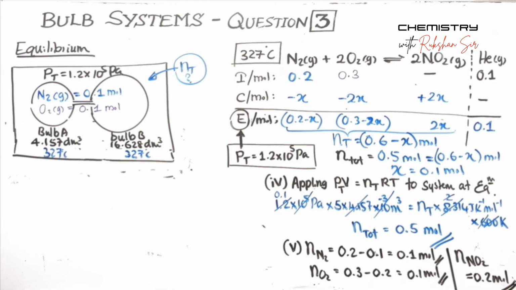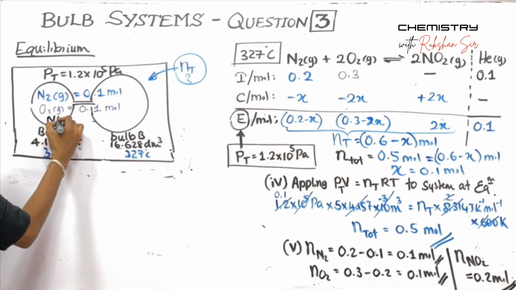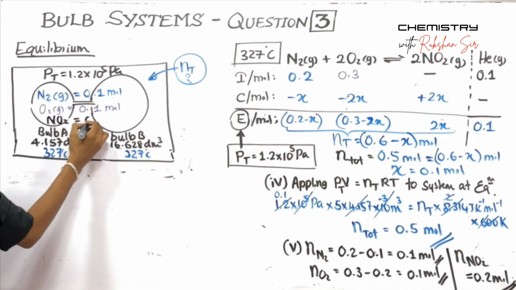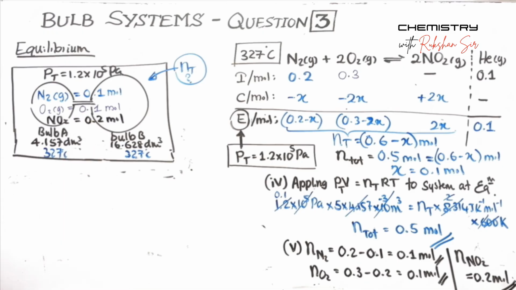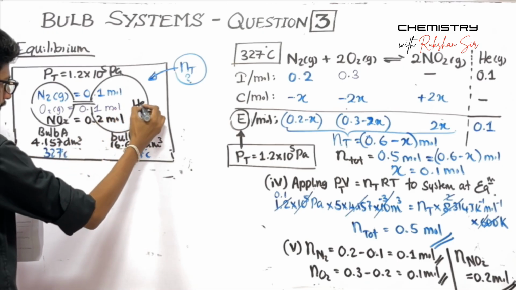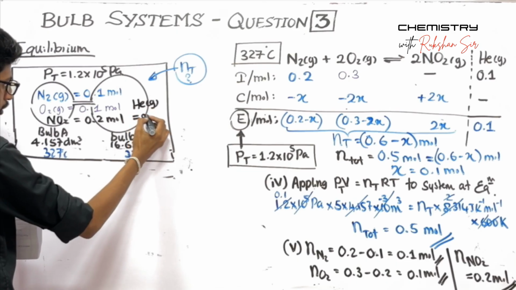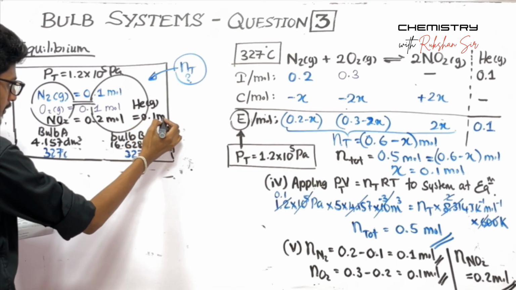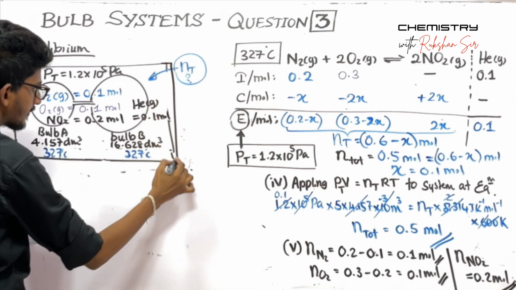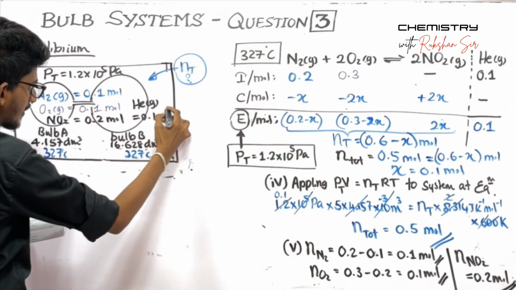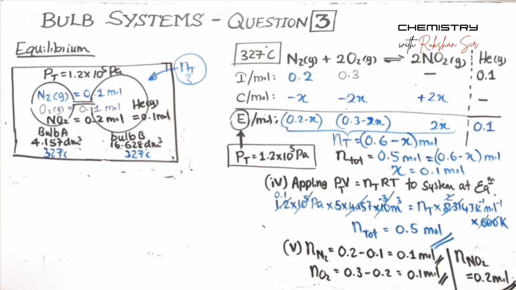And the produced NO2 is there, 0.2 moles. And don't forget the helium. Helium is also there, which is 0.1 mole. So that is how the end flask, or the system at the end, looks like. These 4 gases are appearing, right?